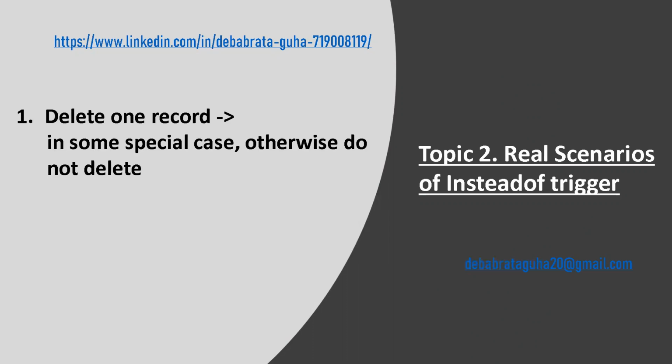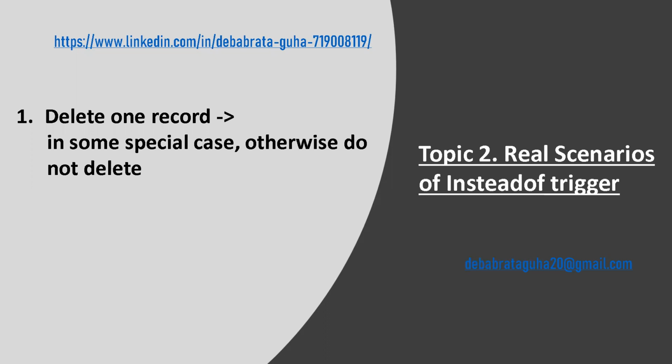but I will show you some real-time examples where you can do some manipulations and some checking. Here it is saying delete one record, meaning I will try to delete one record and show you a real-time need of instead of trigger.